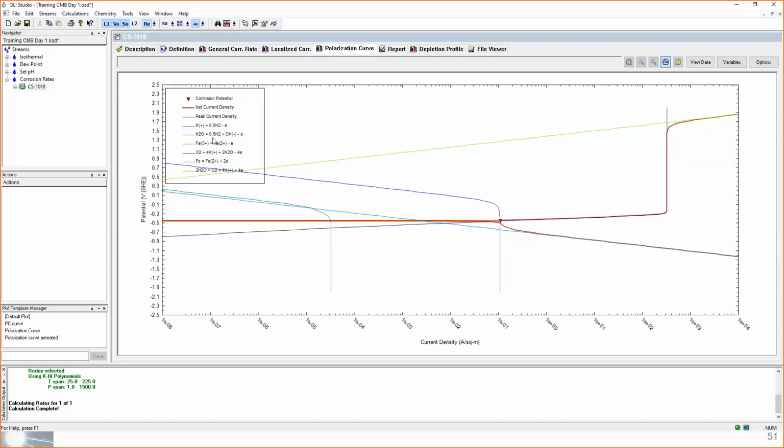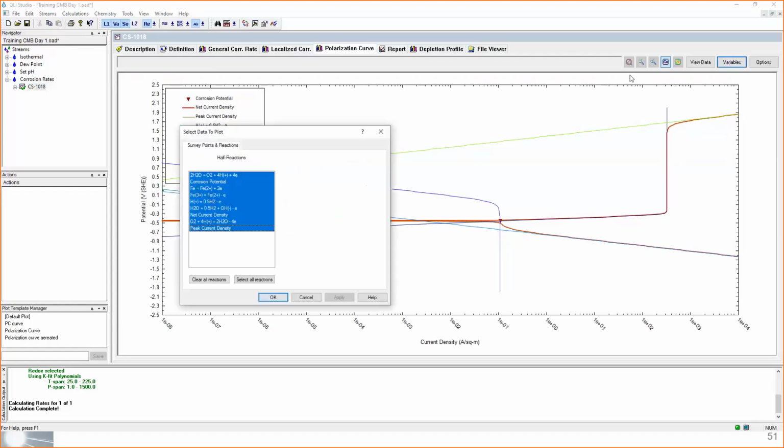You will see the reduction of hydrogen, the reduction of oxygen, etc. And all of these half reactions are being calculated, and all of them are put together, and then we are having our polarization curve in here, the red one, which is the one that we see in a potentiodynamic experiment. So let me show you in more detail what I mean here.